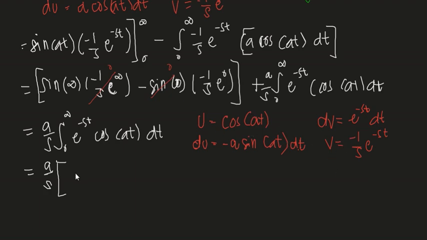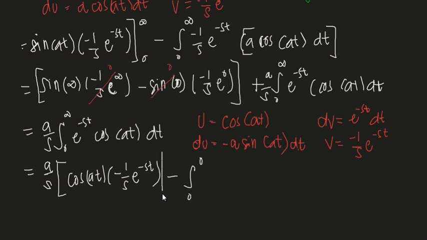So uv, so we have cosine at multiplied by negative 1, okay, negative, so minus the integral from 0 to infinity.